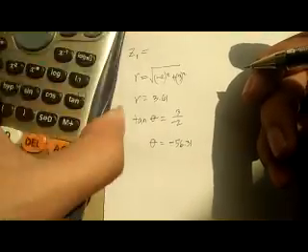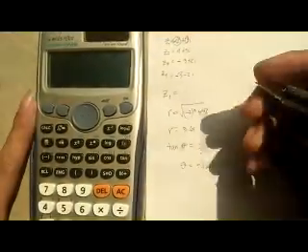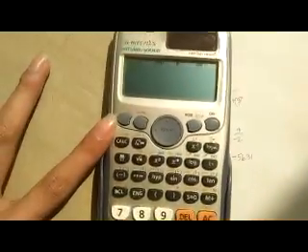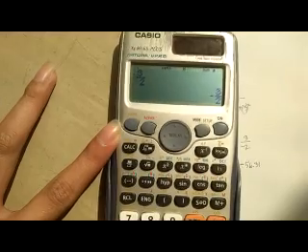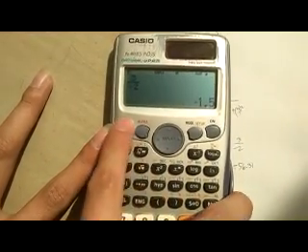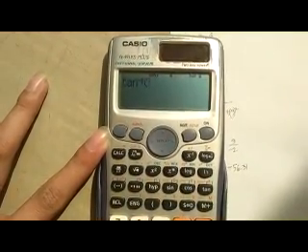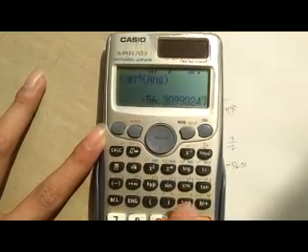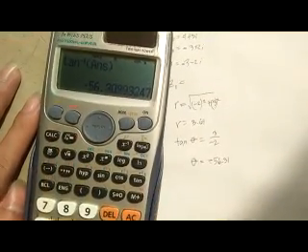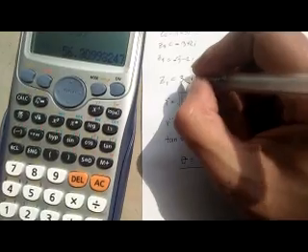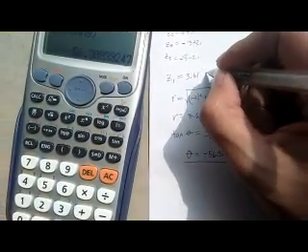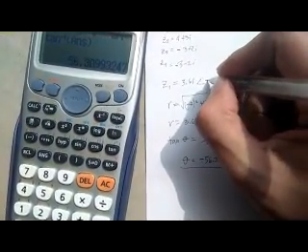And we can check it. So 3 over negative 2 is equal to negative 1.5, and there you go. So our first coordinate z1 is equal to 3.61 angle negative 56.31 degrees.